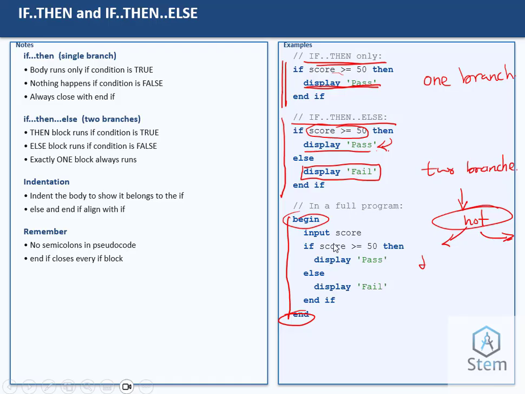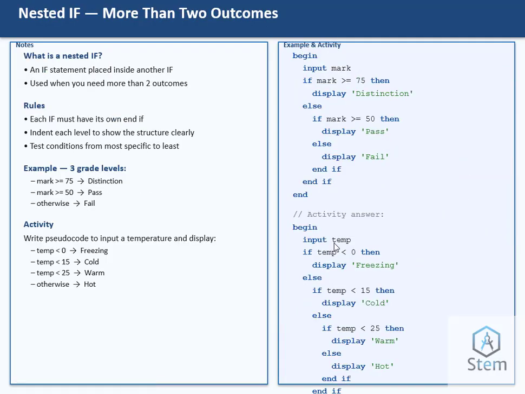If statements can have more than two branches, and in that case, we end up with nested if statements. So this is if starts, if mark is greater than or equal to 75, we display distinction. Else, this is an if statement which is inside the else.